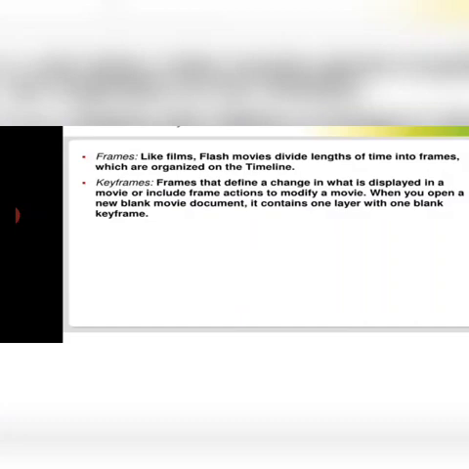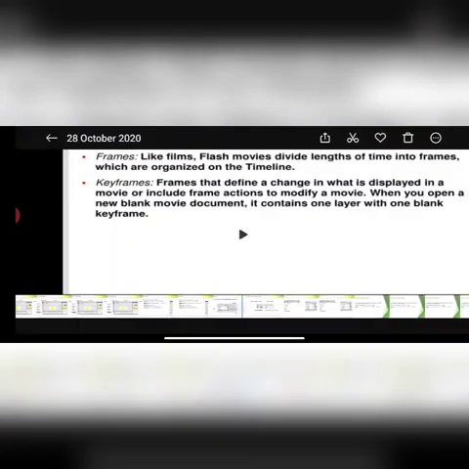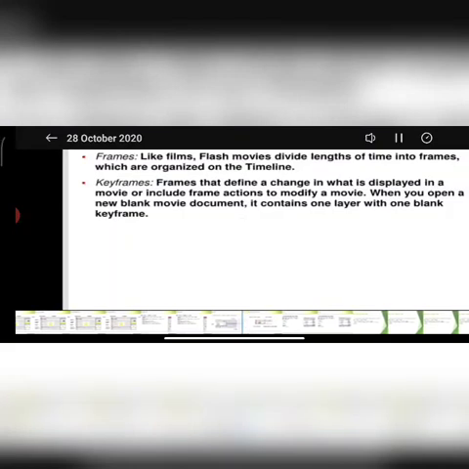So first one is frames. Like a film, Flash movies divide length of time into frames which are organized on the timeline. So next one is keyframes. Keyframes are frames that define a change in what is displayed in a movie or include frame actions to modify a movie. When you open a new blank movie document, it contains one layer with one blank keyframe.